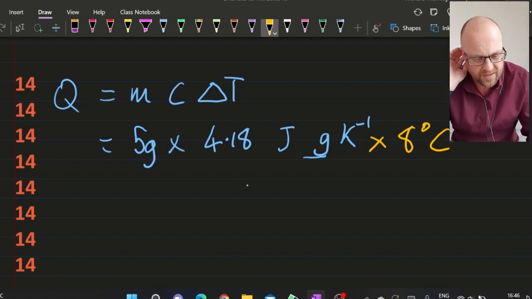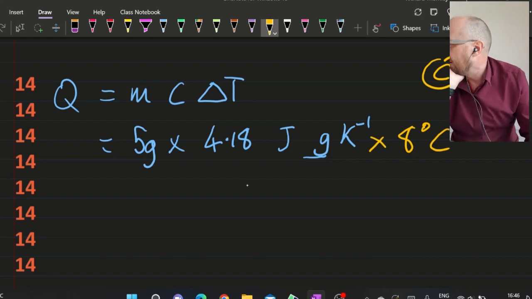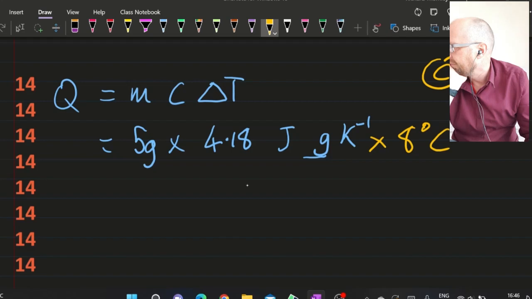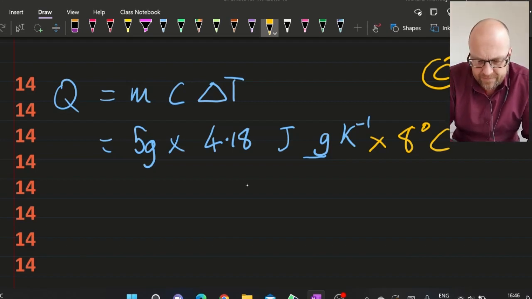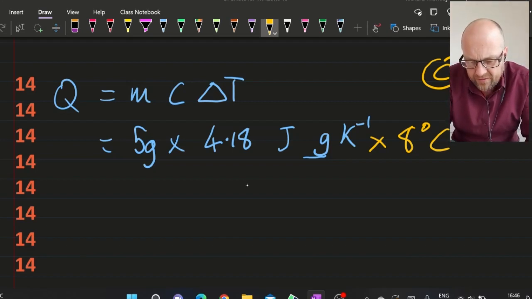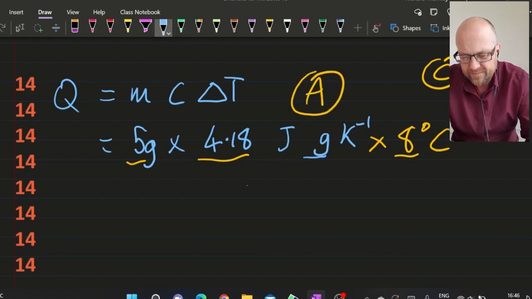Well, it isn't C or D because they're messing me around with the Kelvin there. So A or B? Isn't it B? No, it's A. And so, yeah, the answer is A. 5 times that times that. It's just A. Nice.